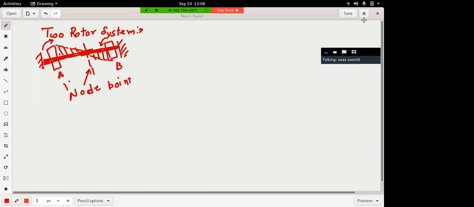So let's say the total length of this shaft between A and B is L, and the distance of disk A from the node point is LA. Then this point becomes a fixed point. It's like the distance between this fixed point and this node point acts like a single rotor system.